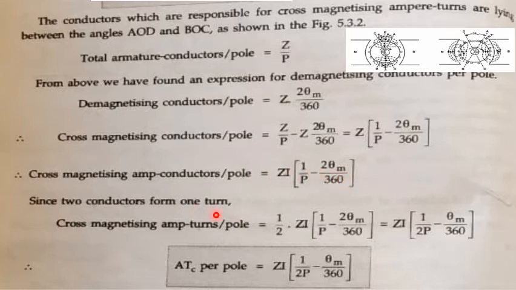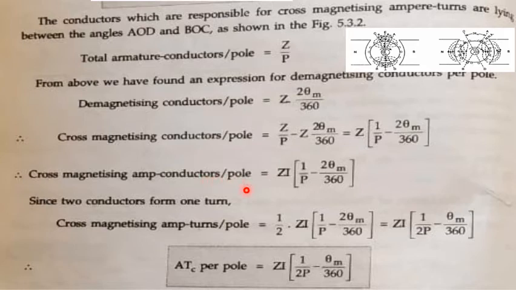Since two conductors form one turn, the cross magnetizing ampere turns per pole is given as 1 by 2 Zi (1 by P minus 2 theta m divided by 360). The earlier expression is the cross magnetizing ampere conductors per pole, and this is the cross magnetizing ampere turns per pole, which is half of the ampere conductors per pole.